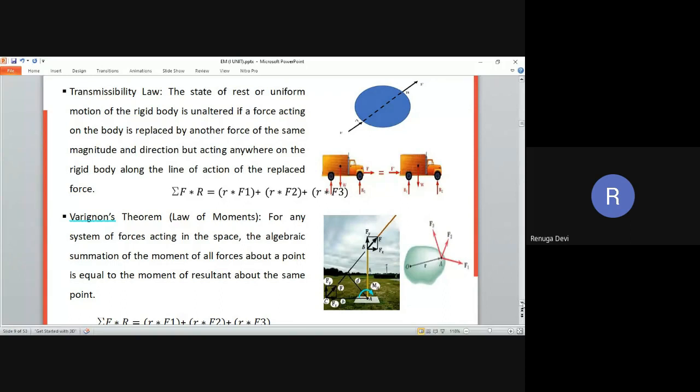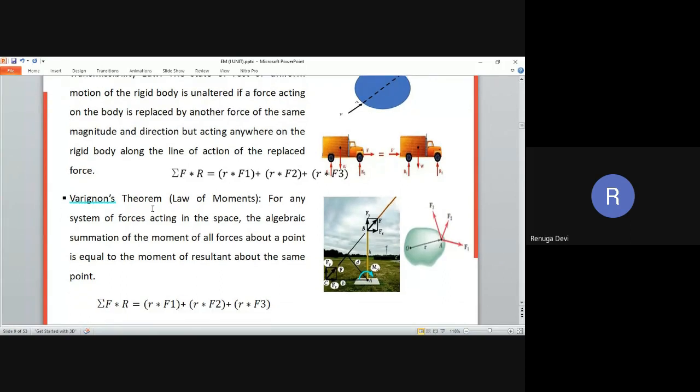And if you come to the laws of moments, Varignon's theorem, this is very, very important in dynamics. For reciprocating forces and balancing of rotating masses, this particular Varignon's theorem is very important. Varignon's theorem is the law of moments. What is meant by moment? At one particular point the force is acting, but you are taking the force with respect to a point.